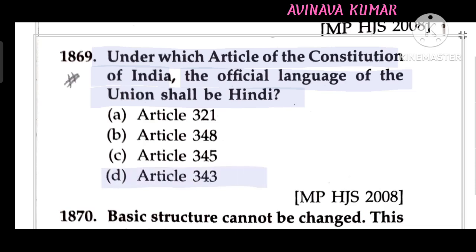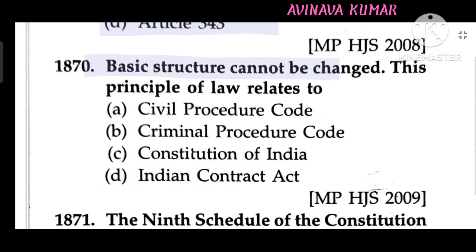Article 343. The basic structure cannot be challenged. This principle of law is related to... Criminal Procedure Code.